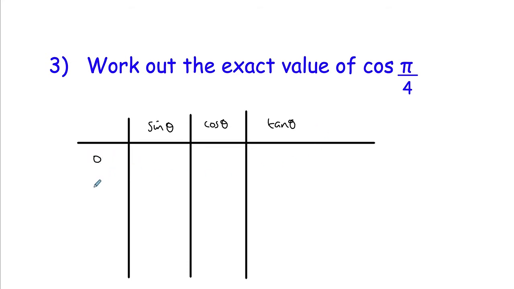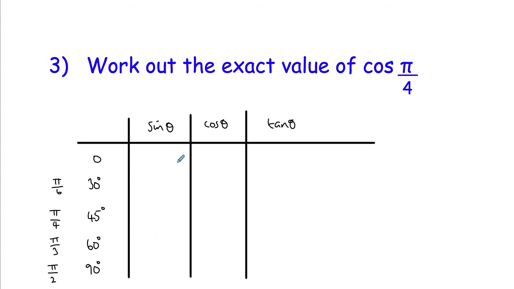Let's do 0, 30 degrees, and we'll write down what they are in radians in a minute. 45 degrees, 60 degrees, 90 degrees. Easiest to work out this one, that's pi over 2. This middle one here is pi over 4. This will be pi over 6, and this is pi over 3.